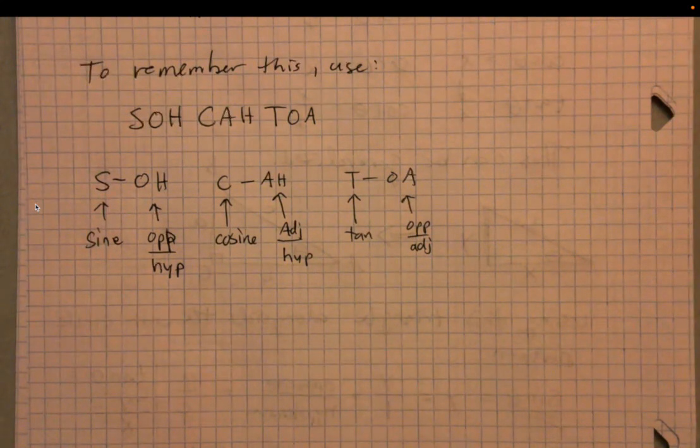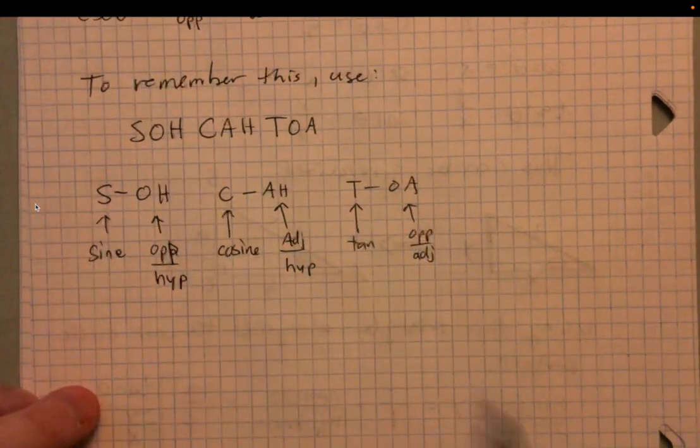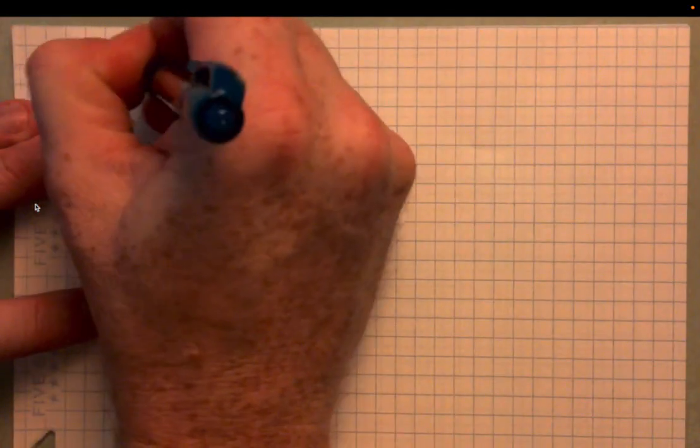So SOHCAHTOA. Okay. So that's what we want to start with, and we're going to shift gears a little bit, but we'll come back to this with some great examples in a moment. But before we get to those examples, we want to talk about the Pythagorean theorem.